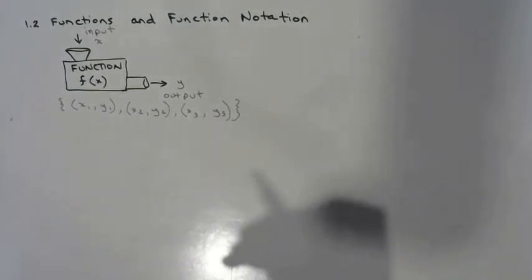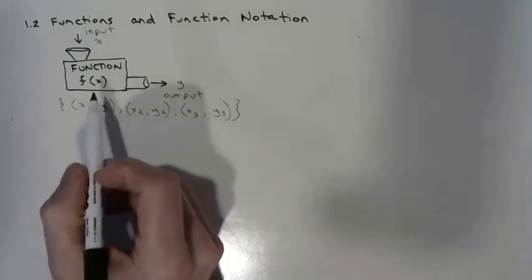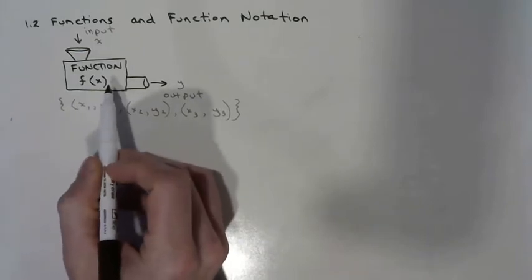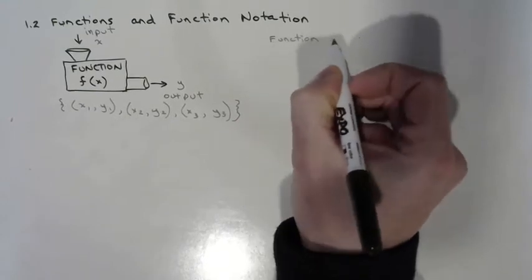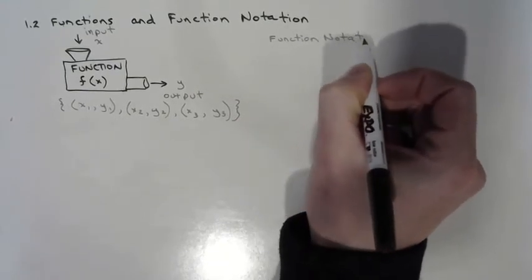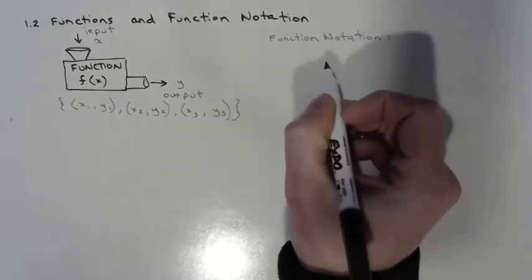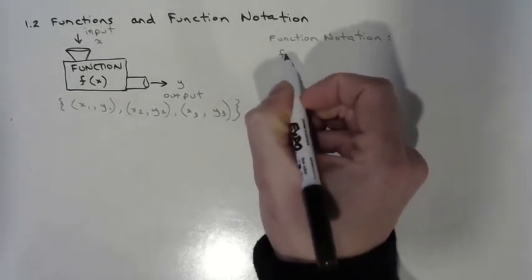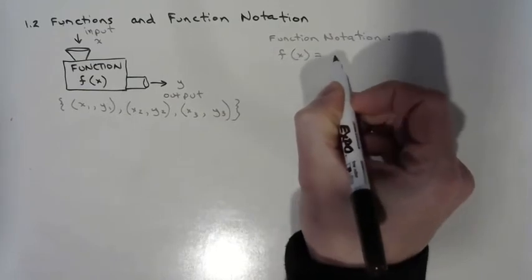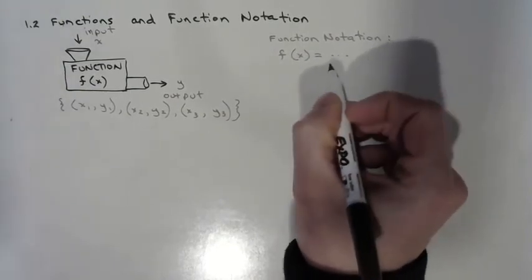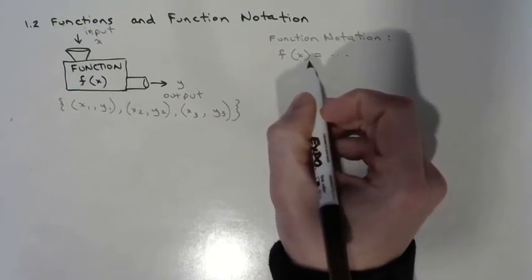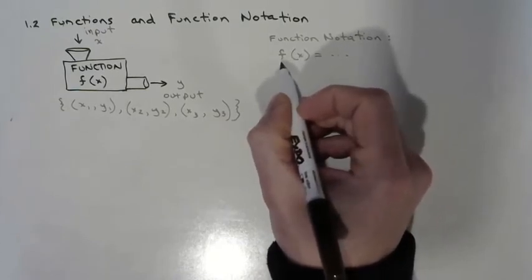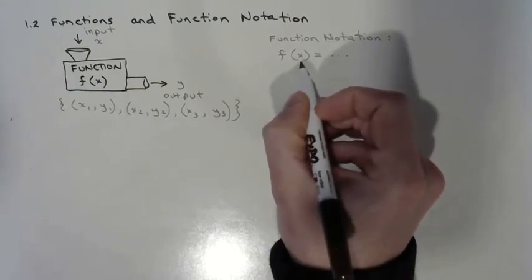Now what we want to talk about today is something called function notation, which is basically right here, f of x. Okay, so here we go with a little note off to the right, function notation. When we get a function and we write it in the form f of x equals, and then whatever that function actually is, the equation that belongs to it, what we're saying is that there is a function called f with an independent variable x.